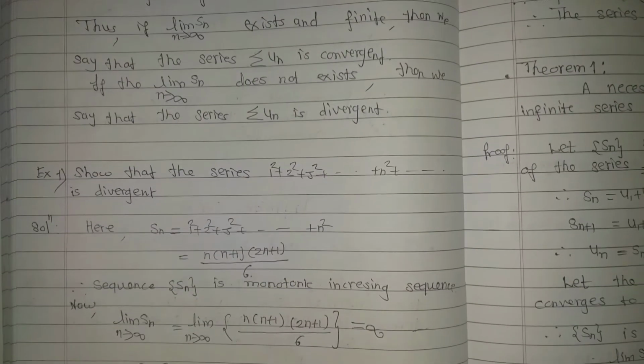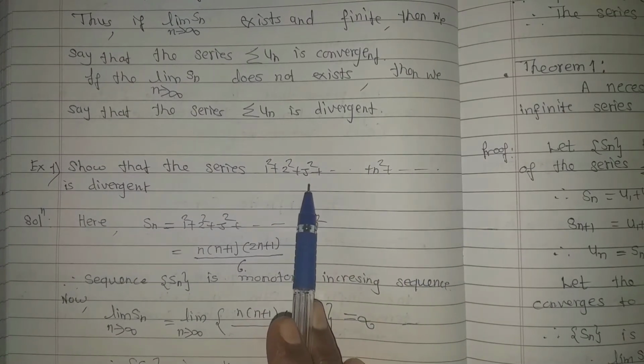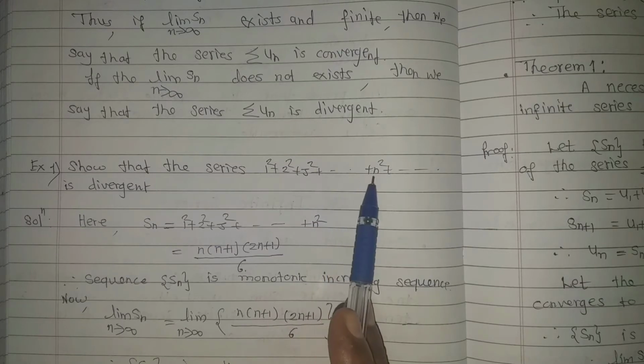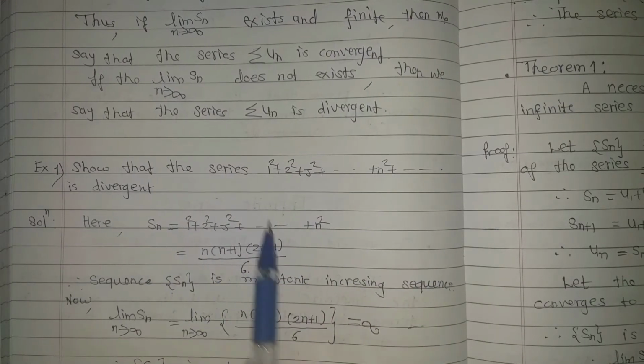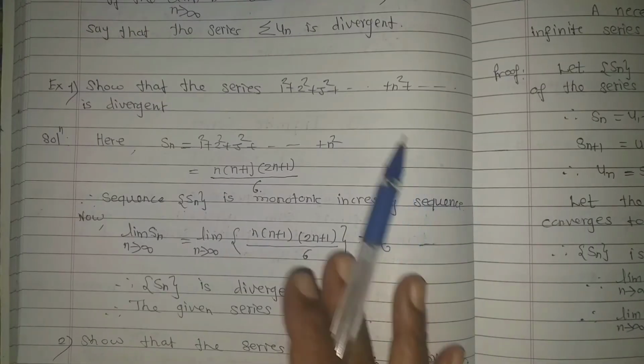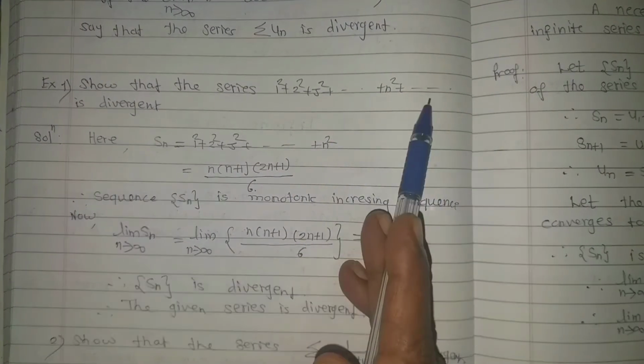Show that the series 1 square plus 2 square plus 3 square plus up to n square plus so on is divergent. Here we have to prove that the series is divergent. This is an infinite series.